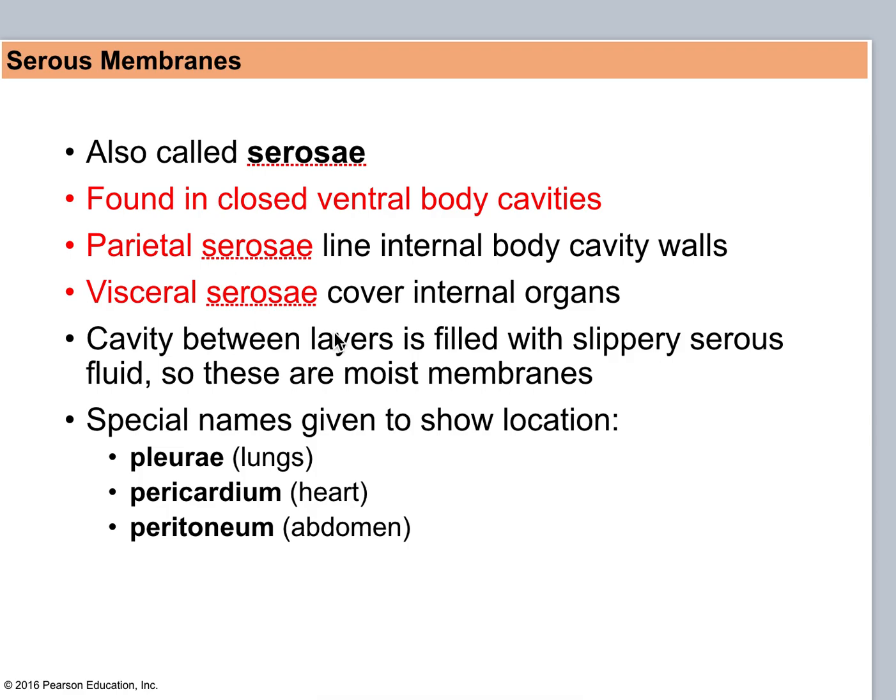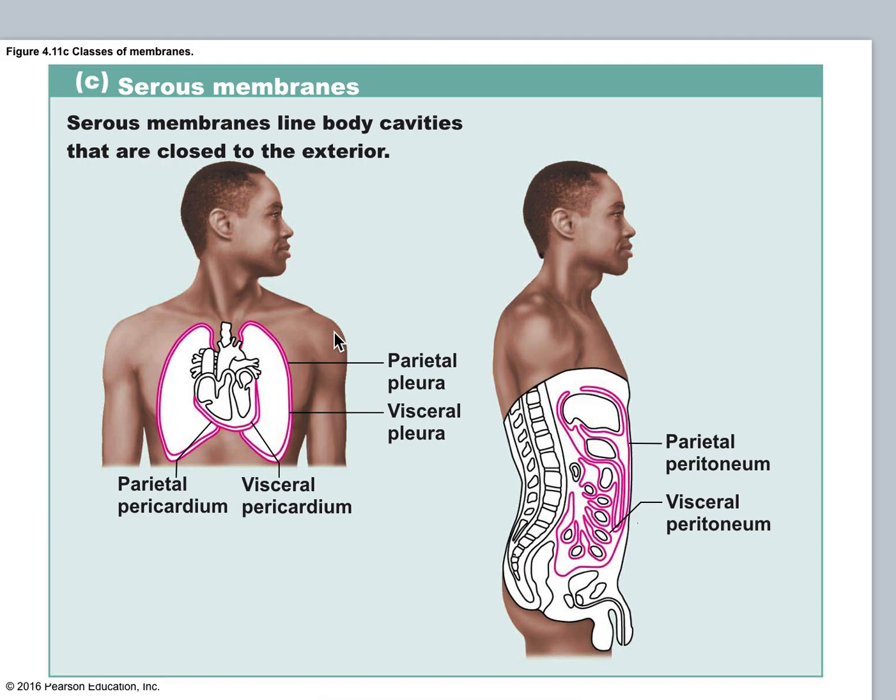When the heart beats, the movement of the heart is not bound by structures nearby. It's able to slide and slip in and out through this fluid that's created. Here's a diagram cartoon that shows some of the serous membranes.